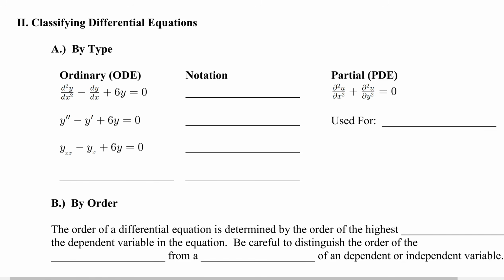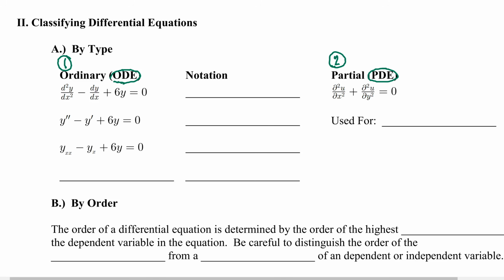They are ordinary differential equations, which we often abbreviate as ODE, and partial differential equations, or PDEs. In this class, our primary focus will be that first type, ordinary differential equations. Every once in a while, we'll pay attention to partial differential equations, but there's a whole different class devoted to solving partial differential equations. Not an easy class, by the way.